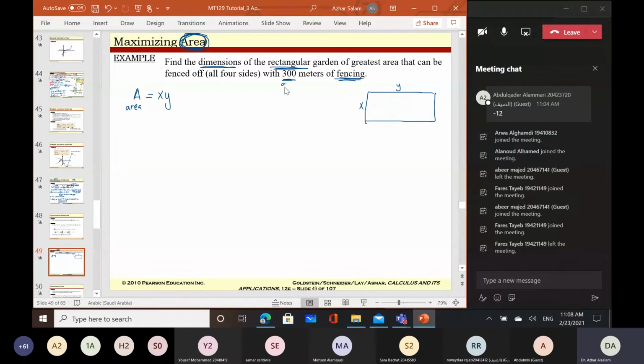Okay, this is given. What's the question to maximize or minimize? It is the greatest area. Greatest area means the maximum possible area. So the function I have to maximize or minimize is the function A.